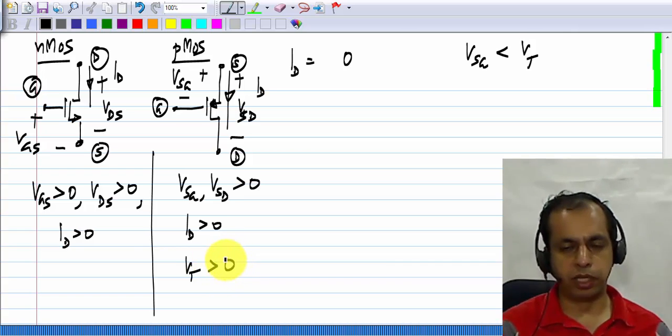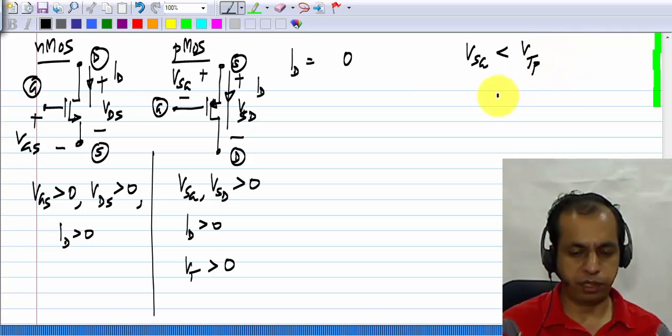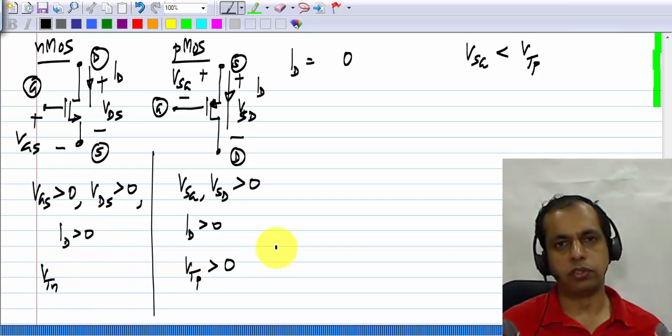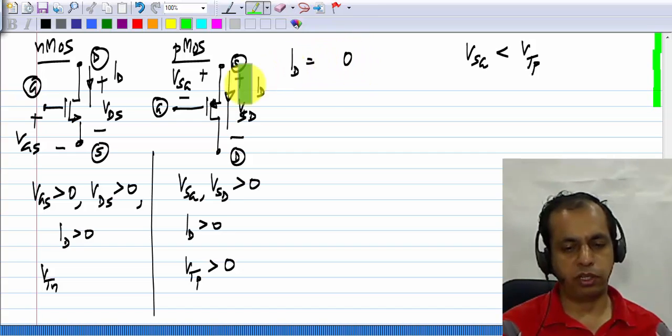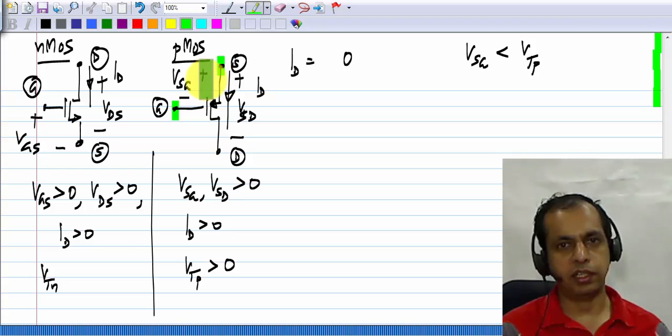And sometimes, to distinguish between the threshold voltage of N and PMOS, we'll start writing VTP for the PMOS threshold and VTN for the NMOS threshold. They could be different from each other in a given process on the same chip. So it's a similar phenomenon like in the NMOS. The voltage difference between these two, VSG, has to be greater than some amount for the transistor to turn on. Otherwise, the current will be 0.